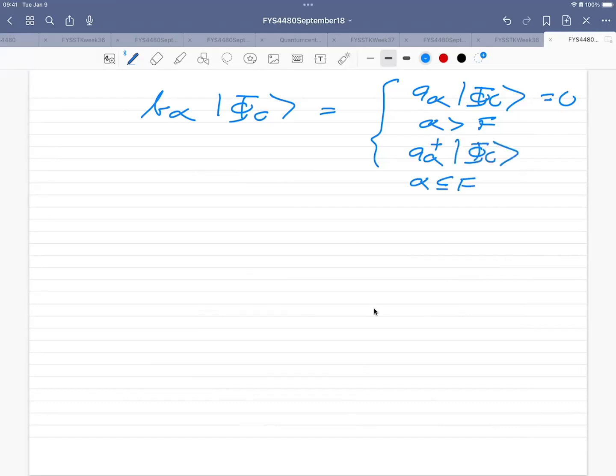So if alpha is included, this is equal to 0 if alpha is included in phi 0. Else, it's non-zero. Okay?